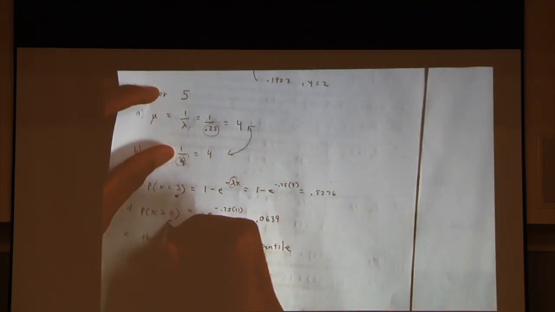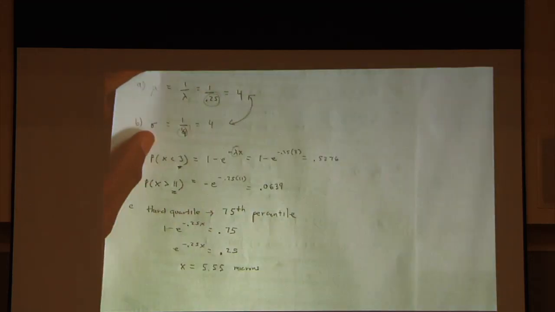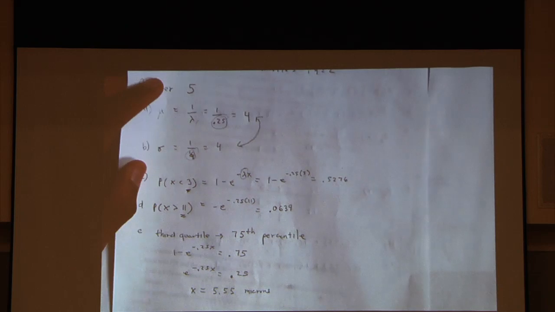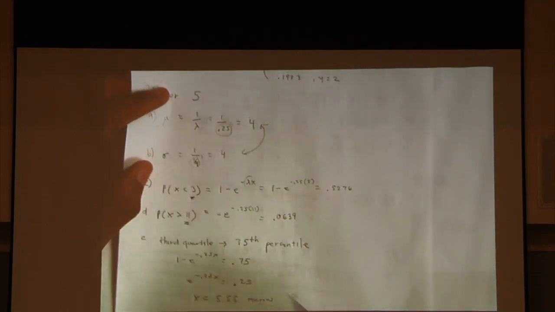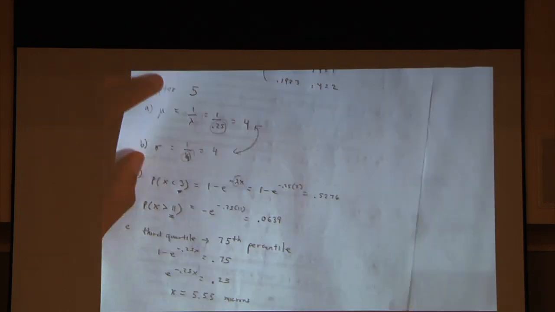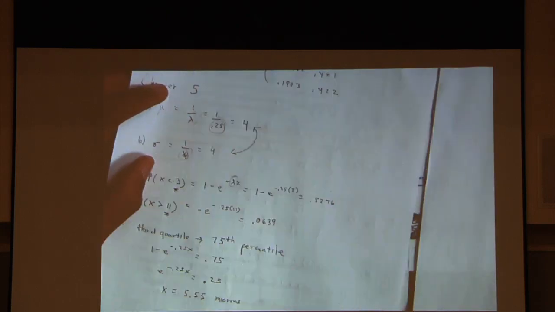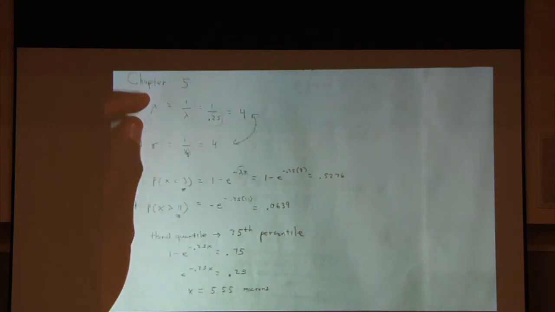Just how for D I did the same, just plugged in. Because it's either the left-hand side or the right-hand side. You subtract it from 1 to get the left-hand or the right-hand side. Yeah. That's how I got those values.